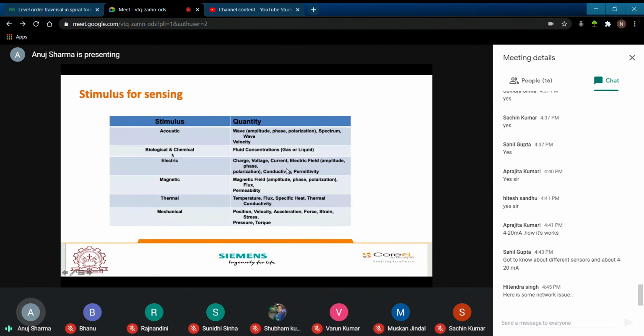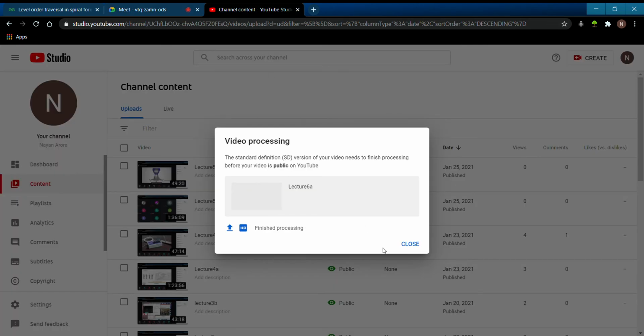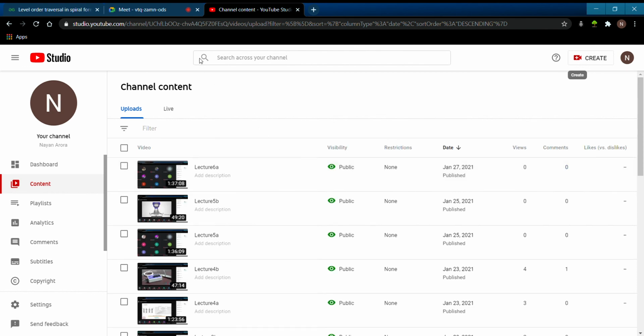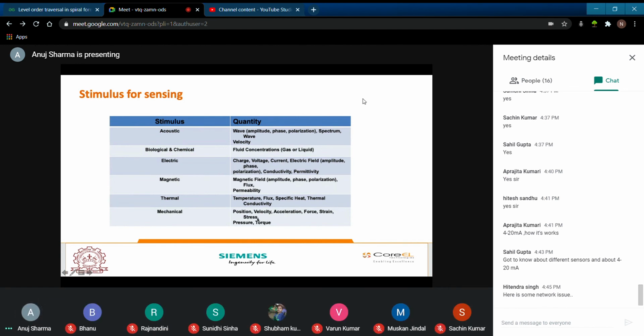If it is biological and chemical, you can look at the fluid concentrations. If it is electric, then it can be charge, voltage, current, electric field, conductivity. For magnetic, it will be magnetic field, flux, permeability. For thermal, temperature, flux, specific heat, thermal conductivity. For mechanical, there can be position, velocity, acceleration, force, strain, stress, pressure, torque.